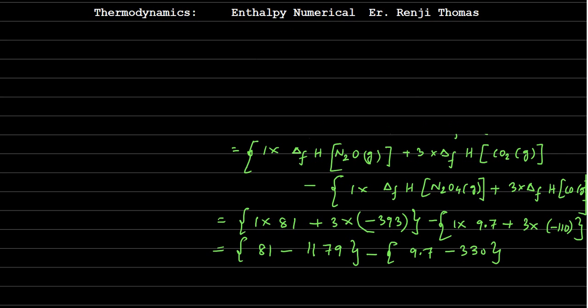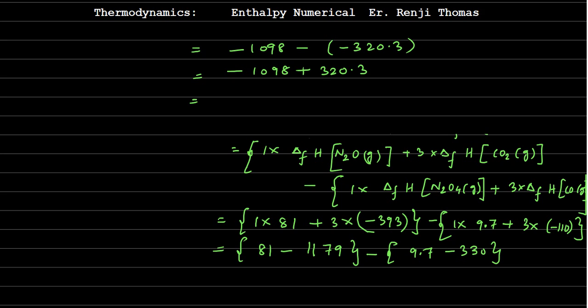So I'll just solve this. 81 minus 1179, I'm getting here minus 1098. Minus, if I do this, 9.7 minus 330, I'm using my calculator here, I'm getting here minus 320.3. So you know, my dear students, minus 1098 minus minus 320.3 becomes plus 320.3.